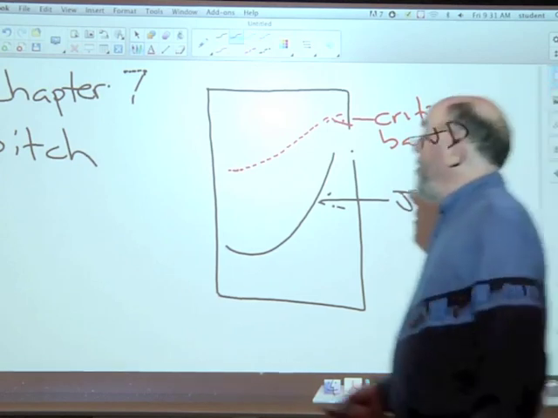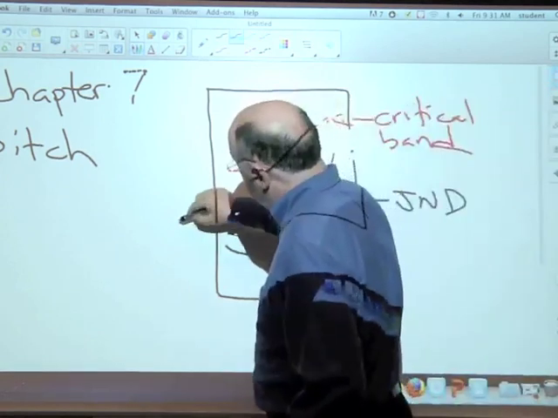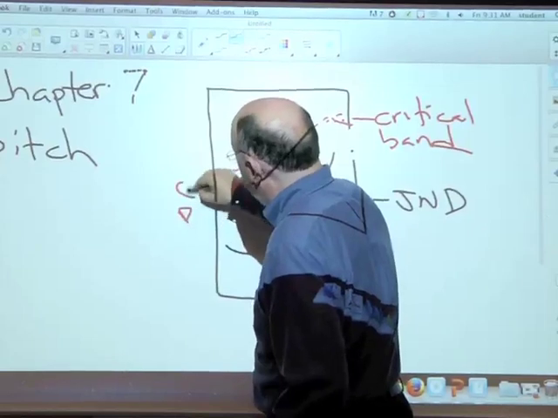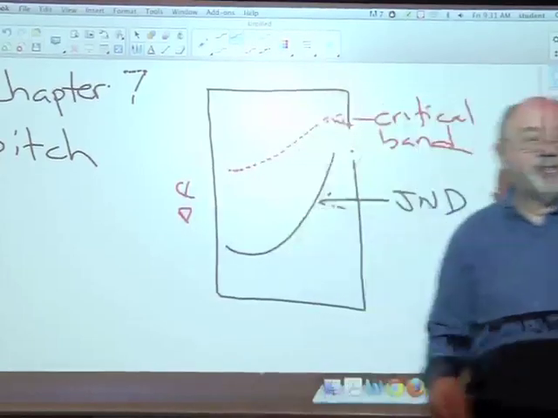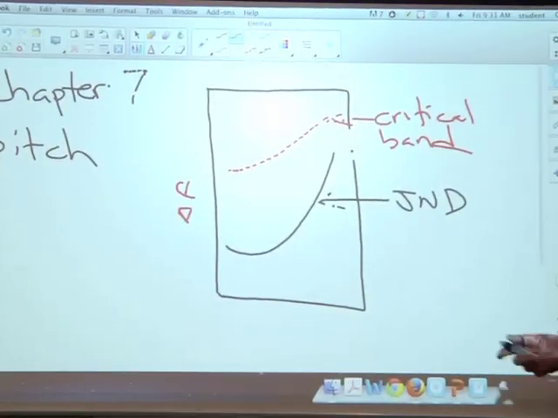So the scale they give you is that this is the change in frequency here in hertz. The bottom scale is the frequency.